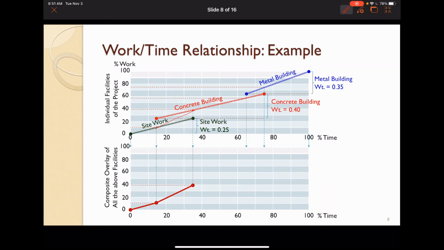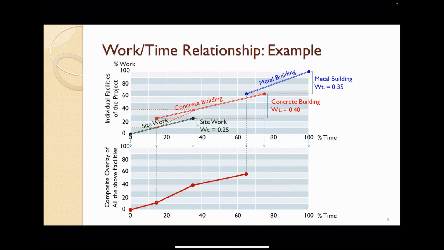Then between 35% time and 65% time there is only concrete building, so we can draw the work time relationship curve parallel to the concrete building during that time period. And for the overlap of metal building and concrete building between 65 and 75%, there are two points here.